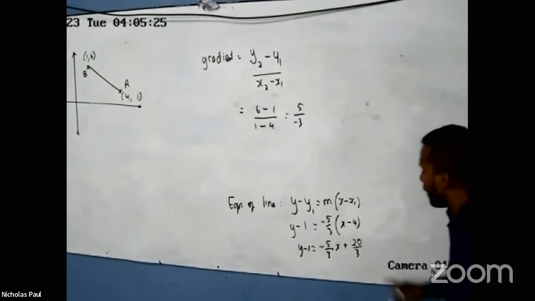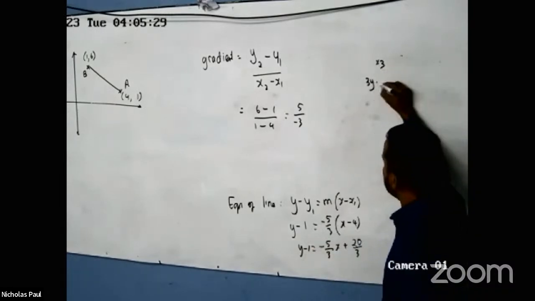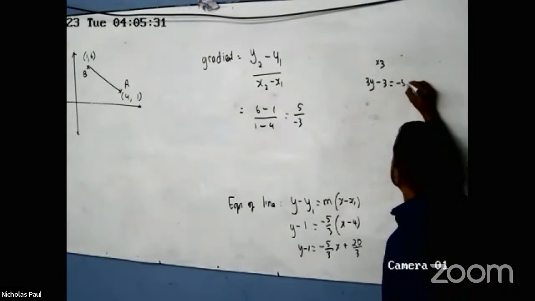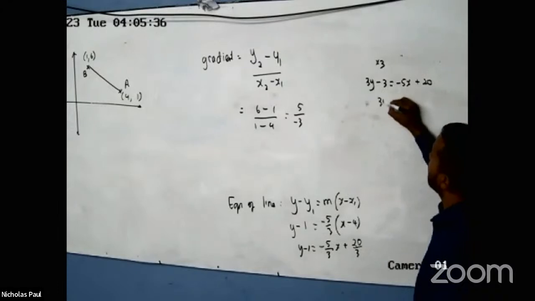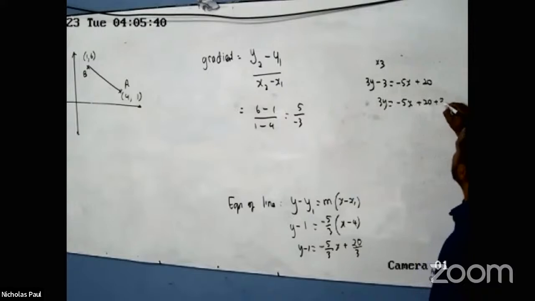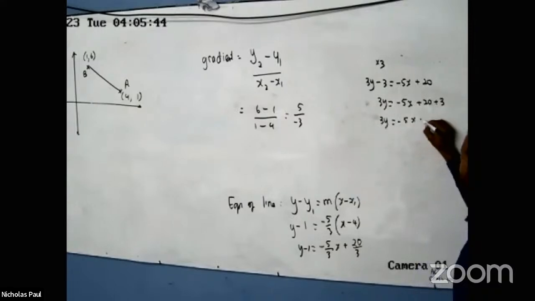Okay. We can multiply everything by 3 just to make it look nice. So you'll get 3y minus 3 equals minus 5x plus 20. You'll get 3y equals minus 5x plus 20 plus 3. So 3y is equal to minus 5x plus 23.